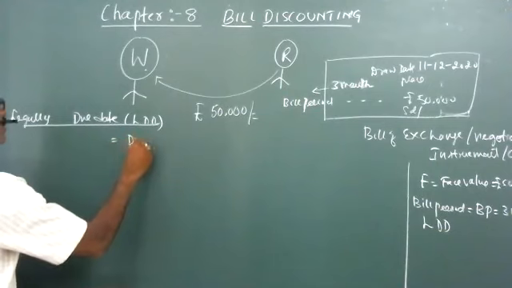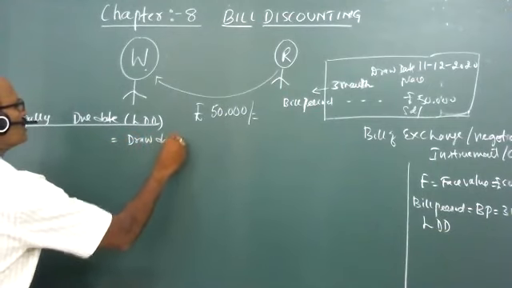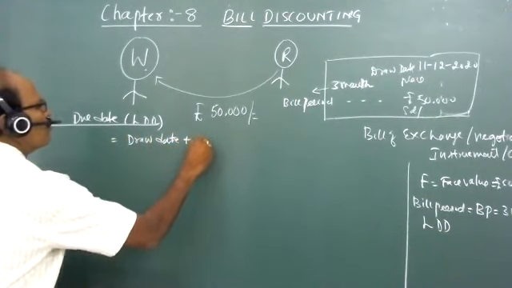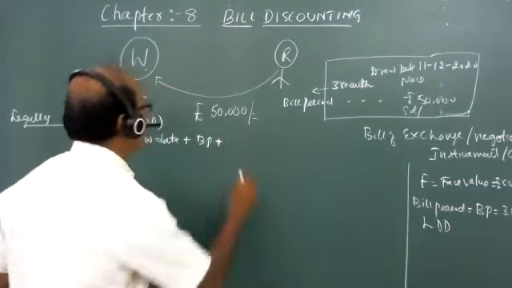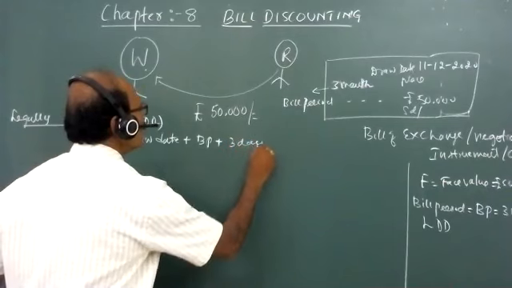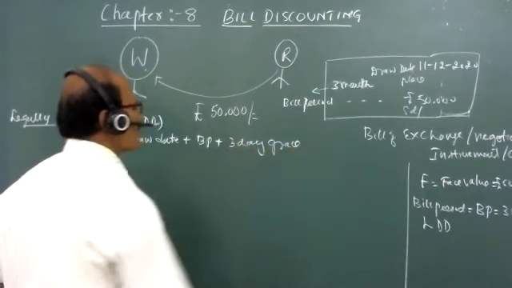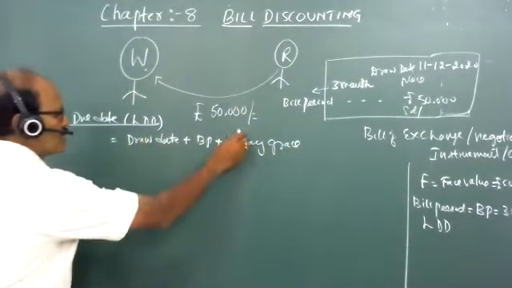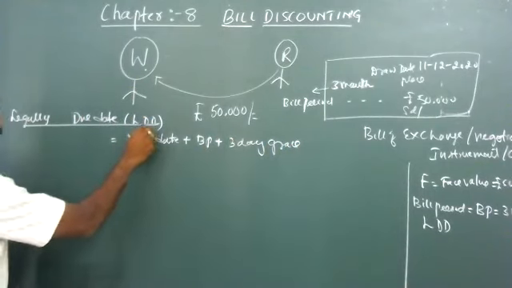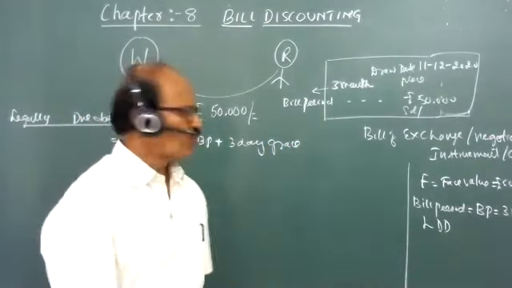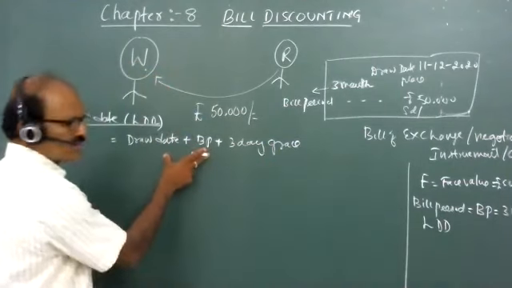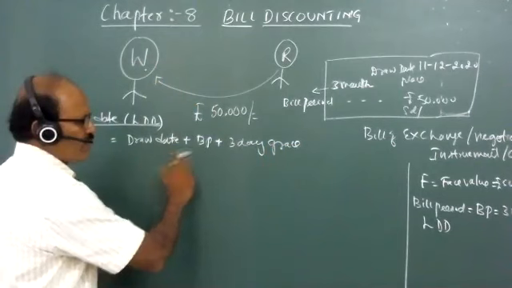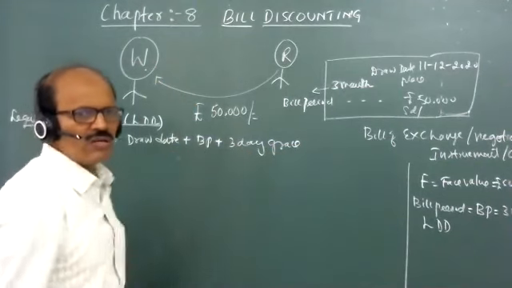It's the draw date plus bill period, and 3 days grace will be added. Without grace, we call it only the nominal due date. Without the grace period, if the bill matures, that is called the nominal due date. But if you add 3 days grace, it is called the legal due date.